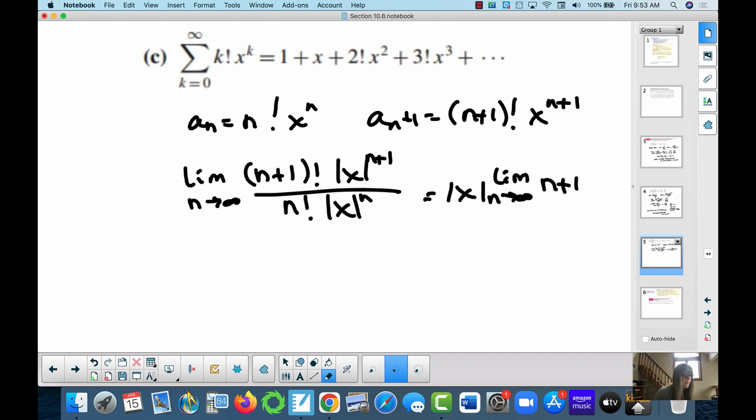That goes to infinity unless x is equal to 0. So if x is not equal to 0, that goes to infinity. And if x equals 0, then we just get 0 for that limit.